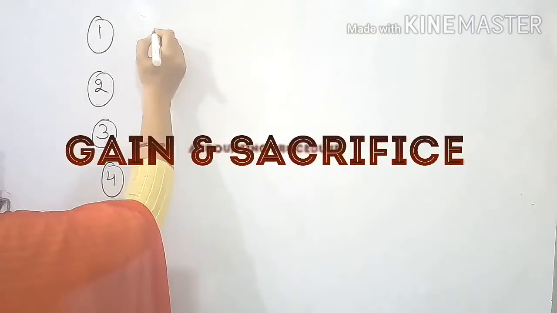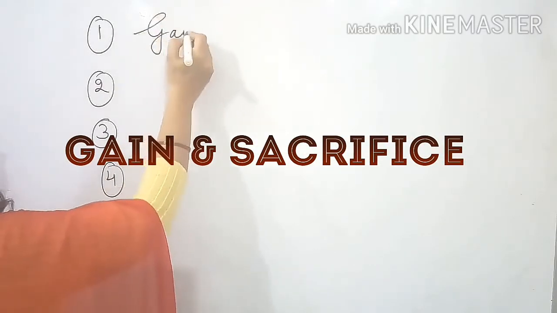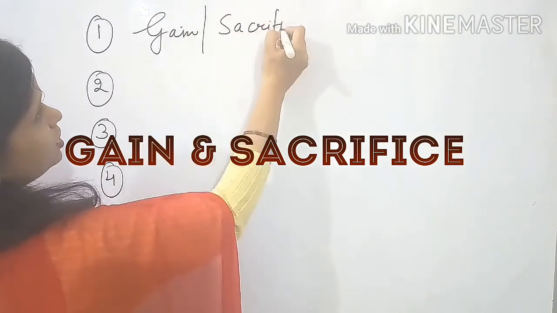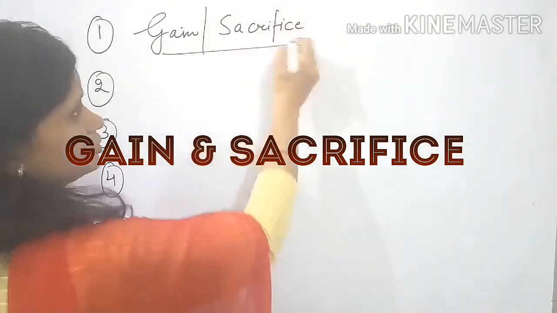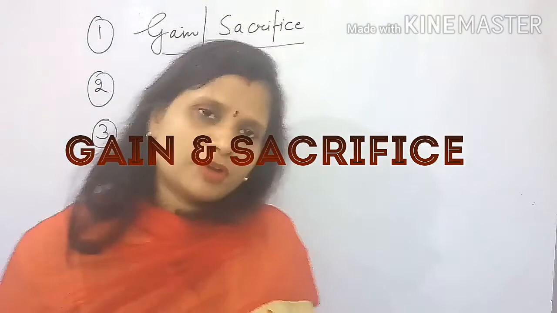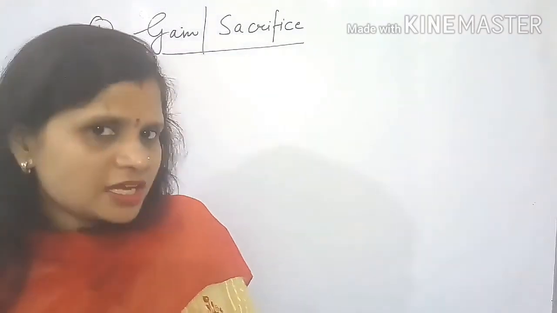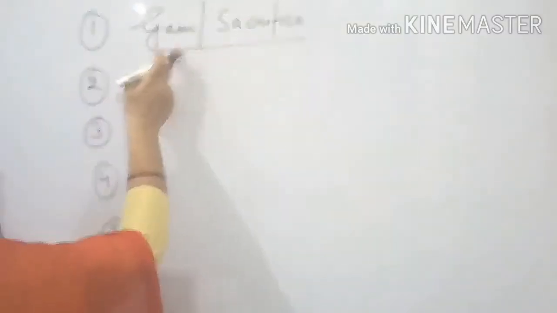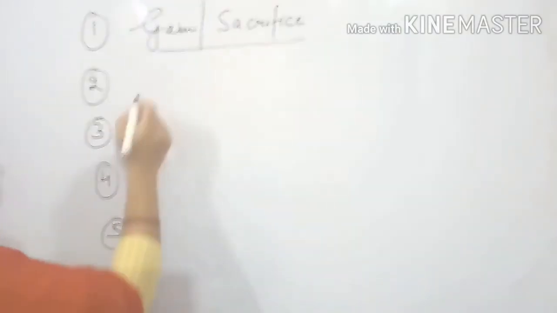First, you will calculate gain and sacrifice, because as a result of this change in profit sharing ratio, the share of one or more partners will decrease and the share of one or more partners will increase. So first we will calculate who is gaining and who is sacrificing.